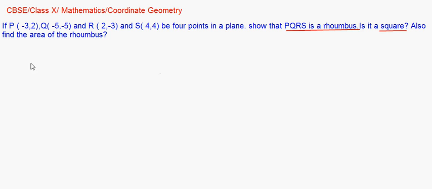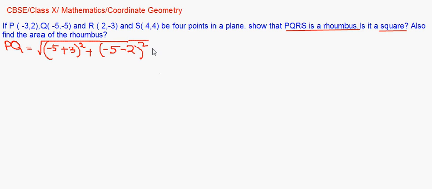Now we start solving. So let us first find the distance between PQ using the distance formula. Distance formula says it is x2 minus x1 whole square, for me it becomes -5 plus 3 whole square, plus y2 minus y1 whole square.